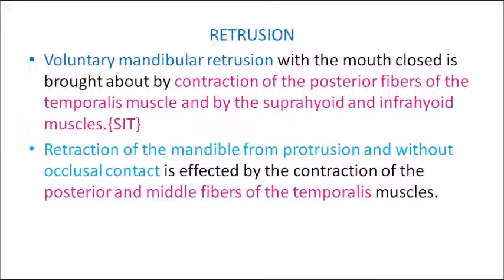Now the retraction of the mandible from a most protruded position, that is without any occlusal contact, is brought about by the temporalis muscle, the posterior and middle fibers. So suprahyoid and infrahyoid are not involved in this retraction. There the movement is brought about exclusively by the posterior and middle fibers of the temporalis muscle.